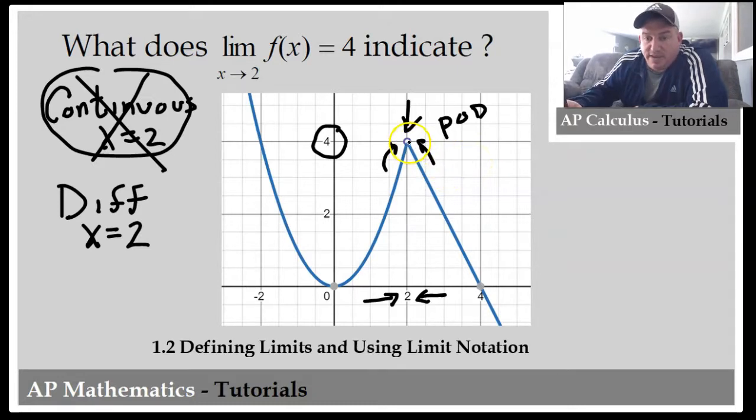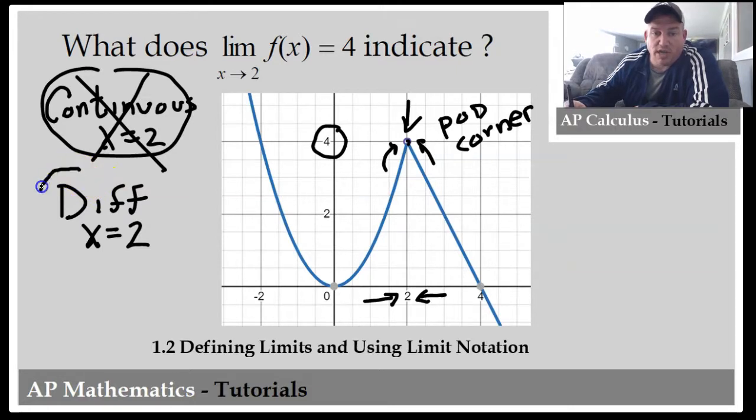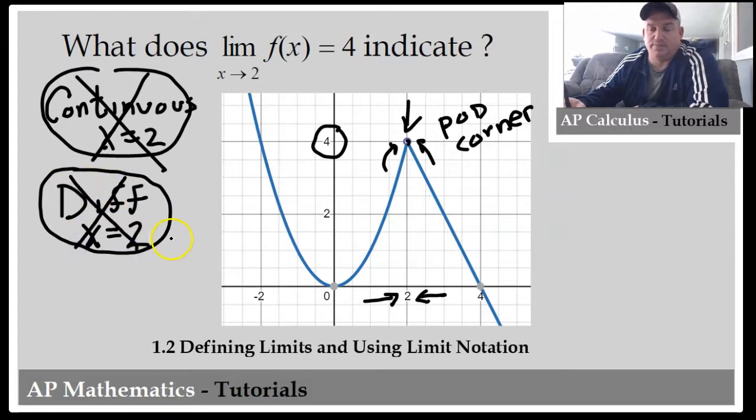Even if this was colored in, we would have a corner, and a function is not differentiable at a corner because the slope has an abrupt change from the left to the right-hand side. So, if the limit as x approaches 2 equals 4, a function could be differentiable, but it's not guaranteed.